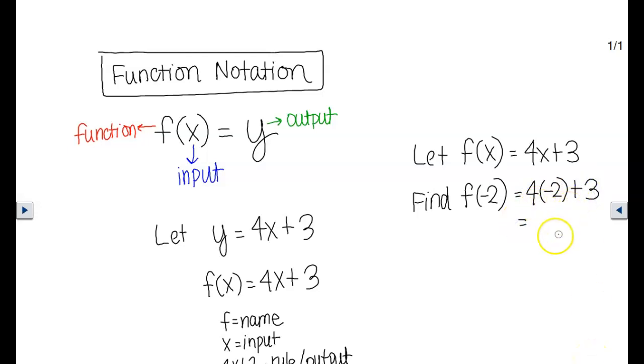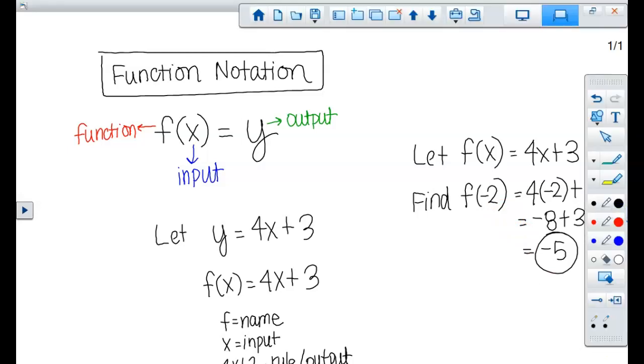I know that 4 times negative 2 is negative 8, and that negative 8 plus 3 is negative 5, so negative 5 would be my output. That would be my answer. Negative 2 as an x value would get connected with negative 5 as a y value in this particular function. So f of negative 2 means take the function whose name is f and replace his x with negative 2.